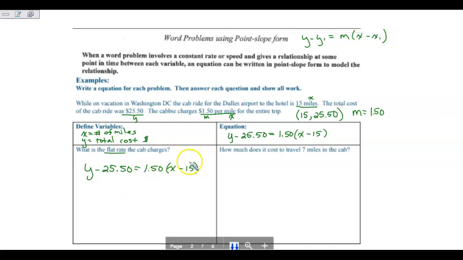I'm going to distribute my $1.50 times 15, it's $22.50. Now I'm ready to start simplifying, and so I can move my $25.50 over to this side by adding it.